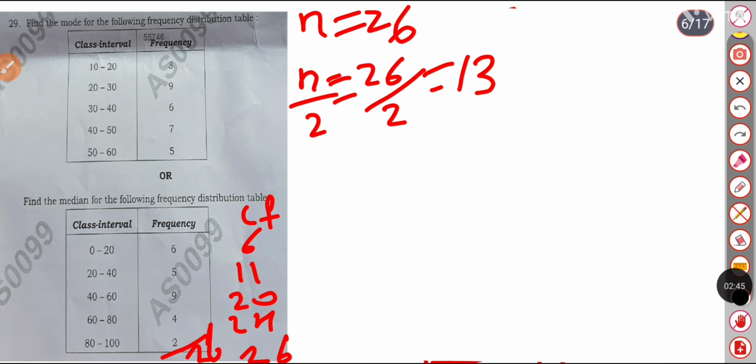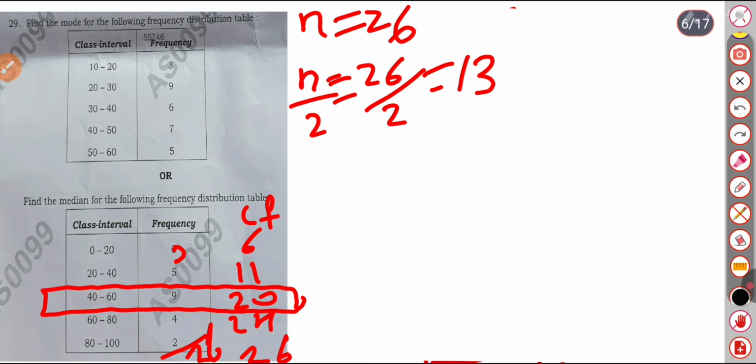So now we have to mark the number above 13 which is nearest to 13. Which number? 20 in cumulative frequency. So 20 is the third number, so we'll mark this third one. In this, 9 becomes F and lower limit will be 40.